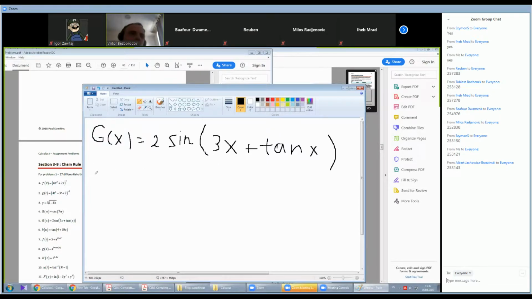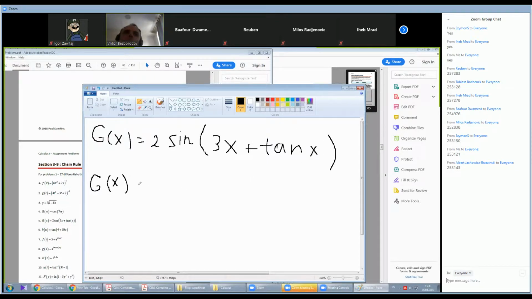Okay, so we have this function. When computing the derivative, it's not necessary every time to write what the composite functions are, right? So in this case, it's going to be sine, the outer function, then the inner function is going to be this 3x plus tangent x, right?